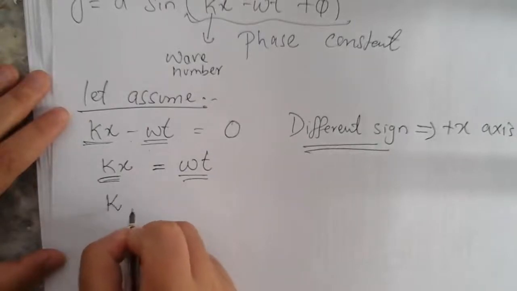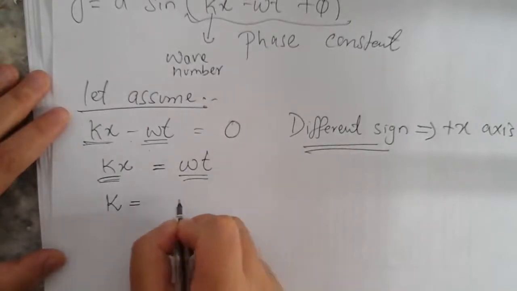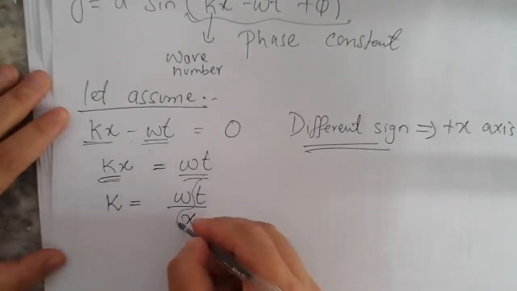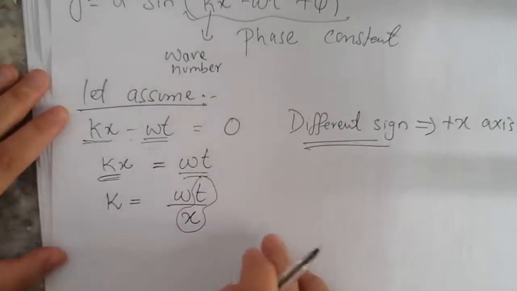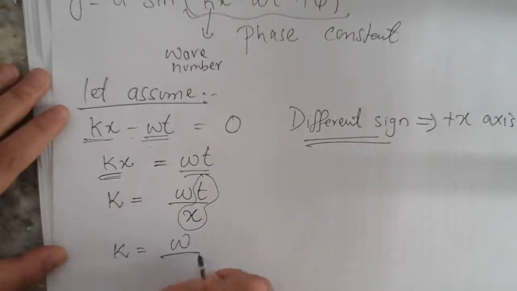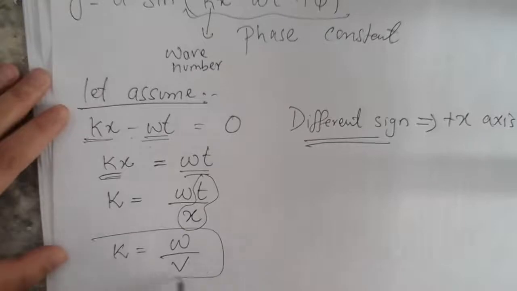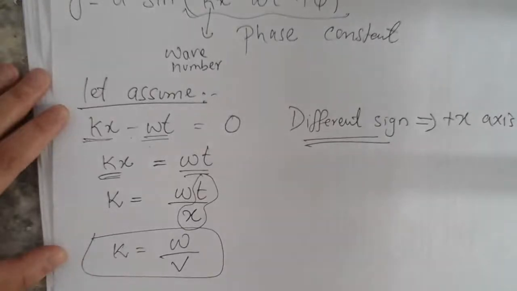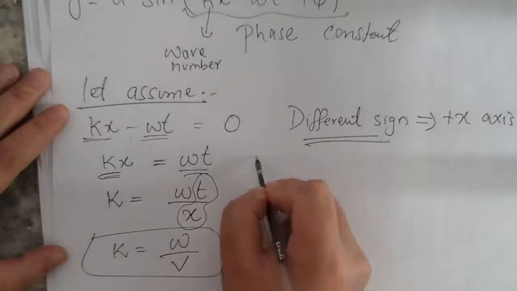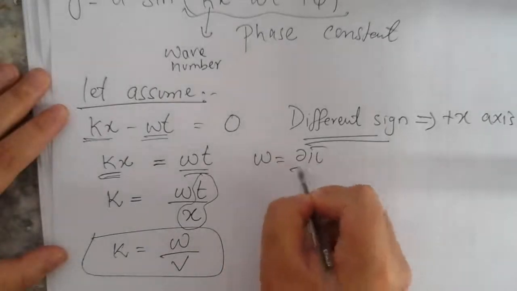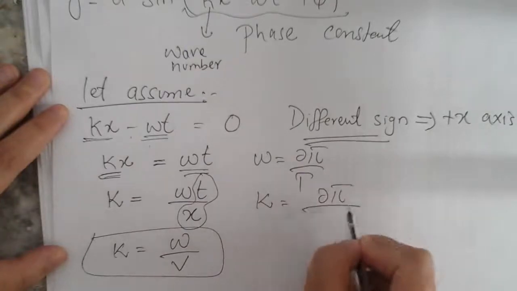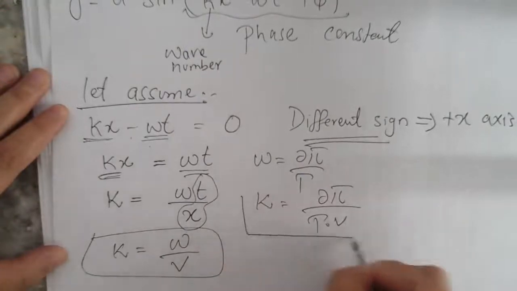So if I want to find the value of k, k is equal to omega t over x. So x over t is the ratio of displacement and time, so definitely k is equal to omega over v. And we know that omega is equal to 2 pi over T, so we put the value of k as 2 pi over T v.